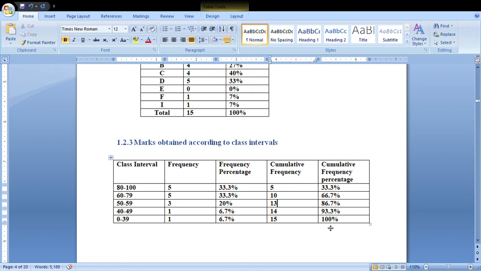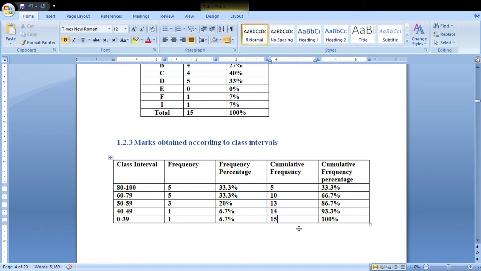86.6667. And the next value is 14, so you have 14 divided by 15 and then times 100, and you have 93.3333 recurring.